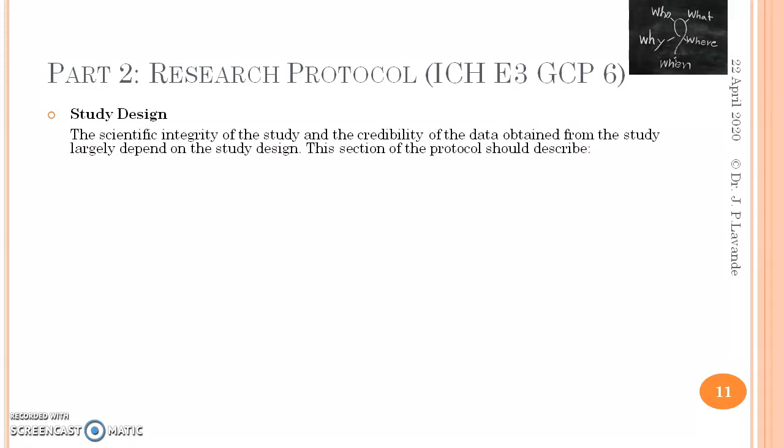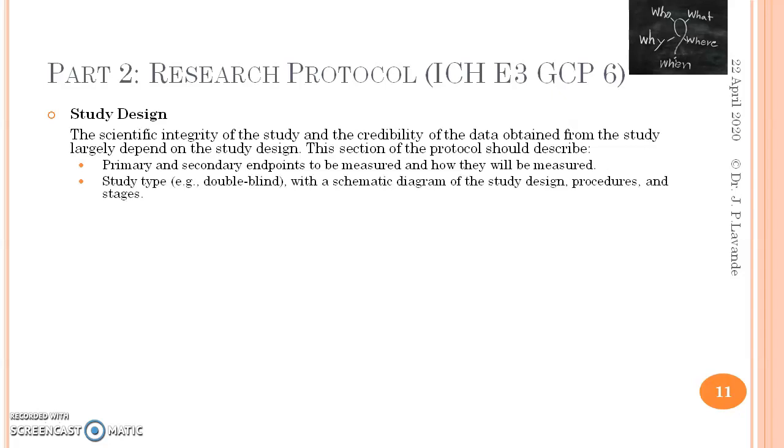Study design. The scientific integrity of the study and the credibility of the data obtained from the study largely depend on the study design. This section of the protocol should describe primary and secondary endpoints to be measured and how they will be measured.